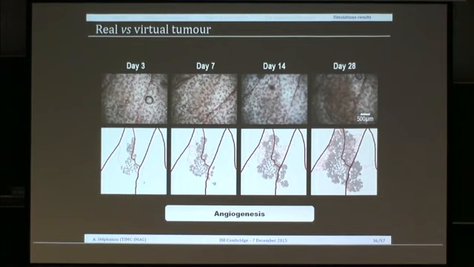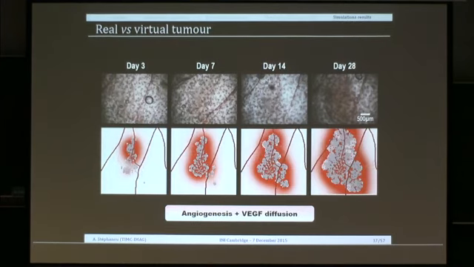And here we can see the angiogenic network developing around the tumor, and here some patches of proliferative cells. So if I add some VEGF, we see what's happening. So we can have access to hidden information with the virtual tumor, something that we cannot see in the experiments. So here we see how the VEGF is expanding around the tumor due to the quiescent cells.